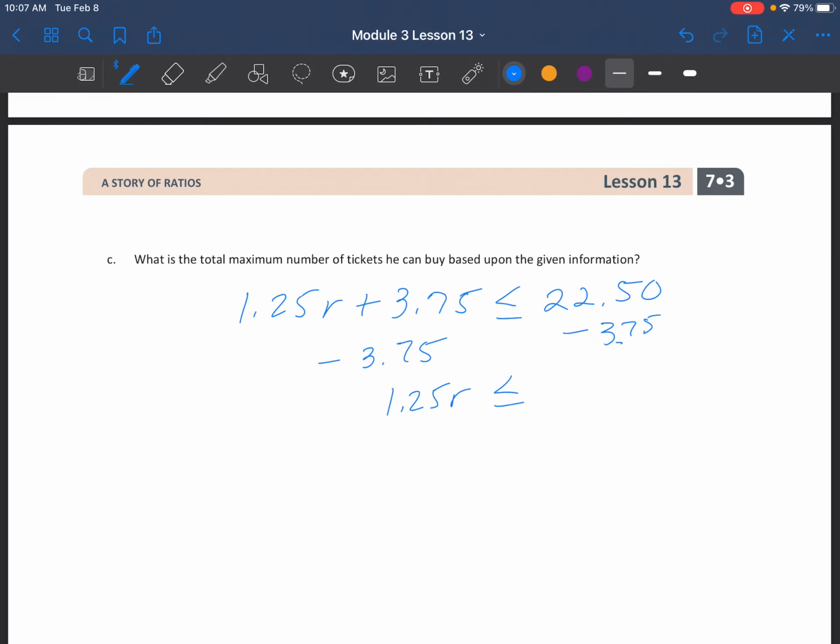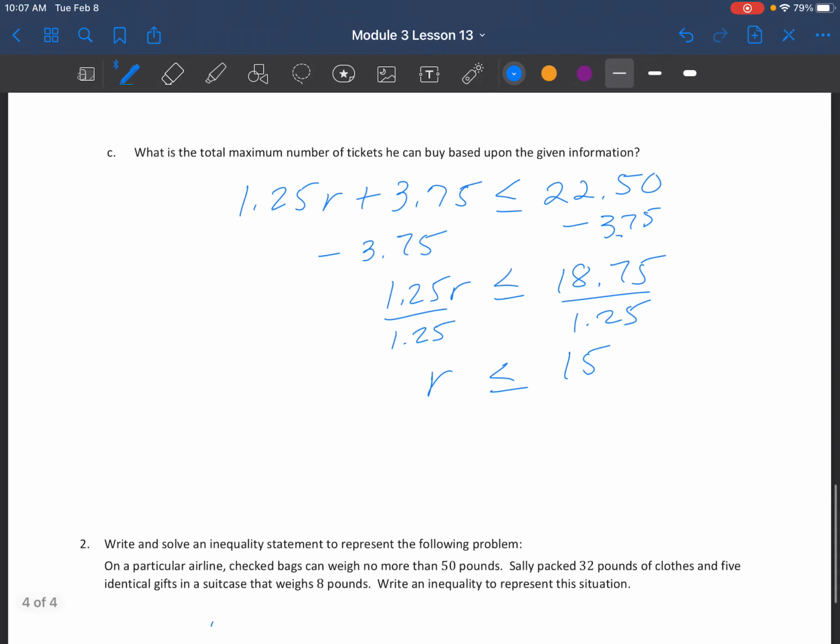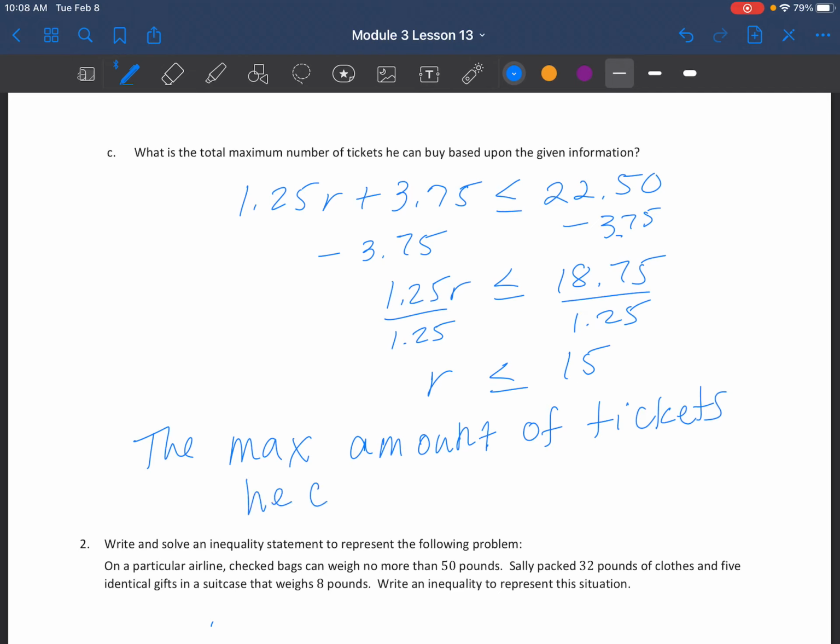So this is where we're going to subtract 375 from both sides. And we end up with 125R is less than or equal to, and 2250 minus 375 is 1875. And then we're going to use the multiplicative inverse and divide both sides by $1.25. This leaves us with R less than or equal to 15.